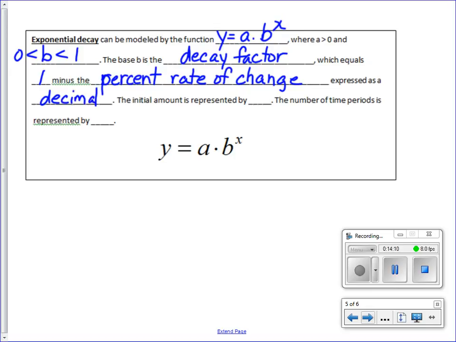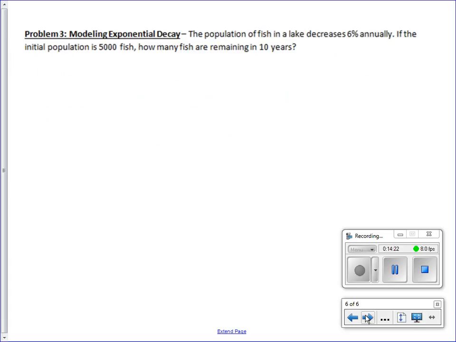The initial amount is represented by the A, and the number of time periods is represented by the X. All right, problem 3 then is going to be modeling an exponential decay situation. The population of fish in a lake decreases 6% annually. If the initial population is 5,000 fish, how many fish are remaining in 10 years?